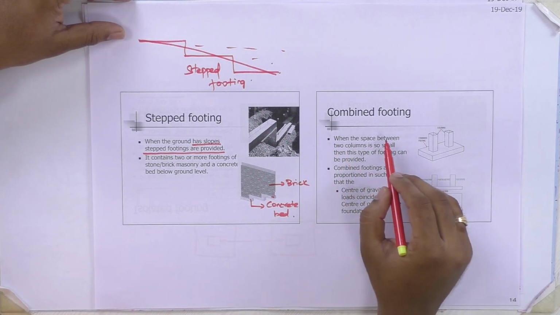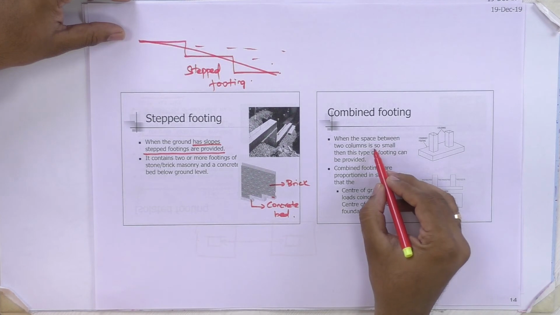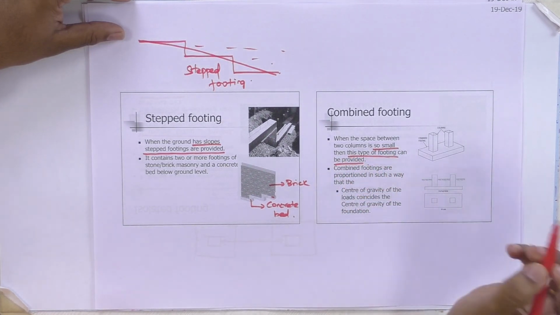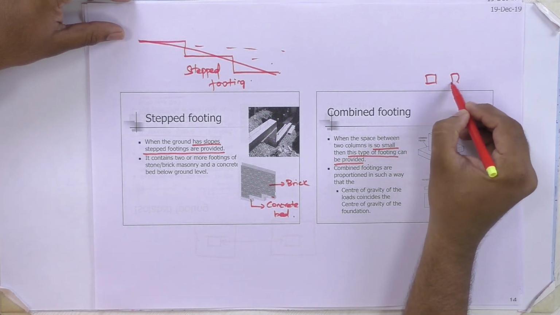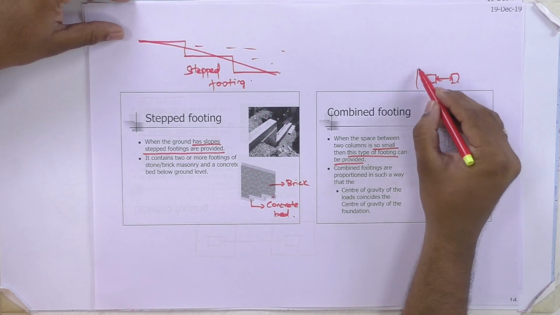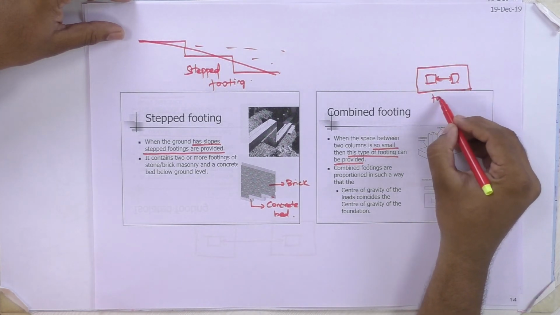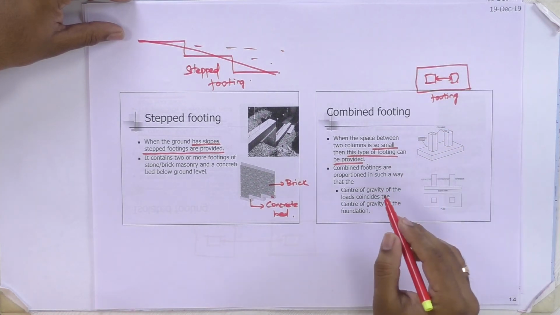In combined footing, where the space between two columns is very small, this type of footing can be provided. If the distance between two columns is very small, we provide only a single footing where two columns can be adopted in the same footing. This is known as combined footing.